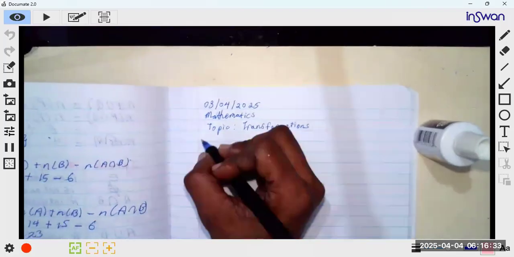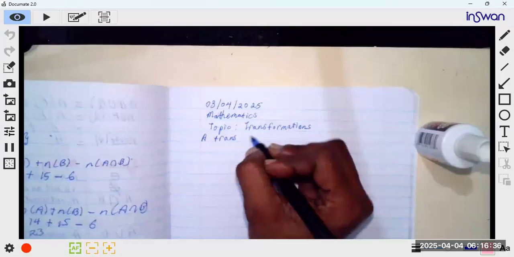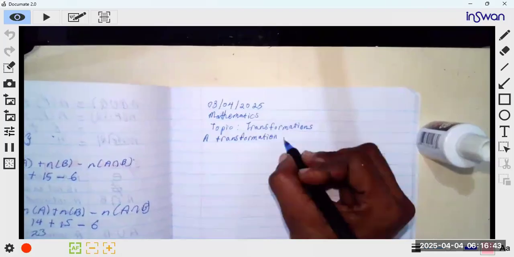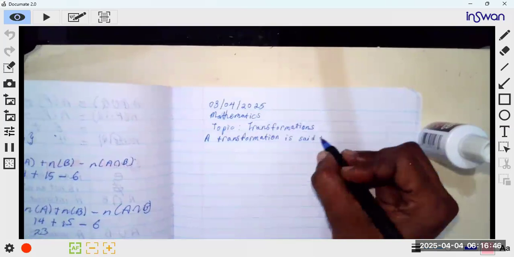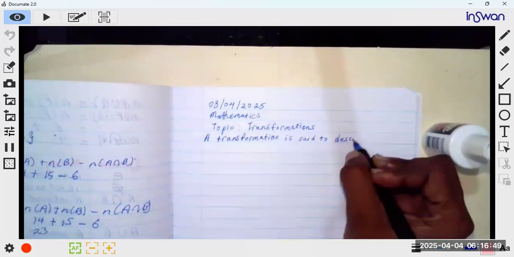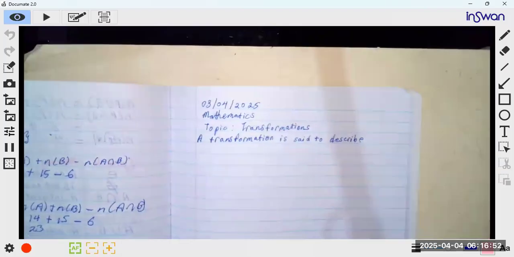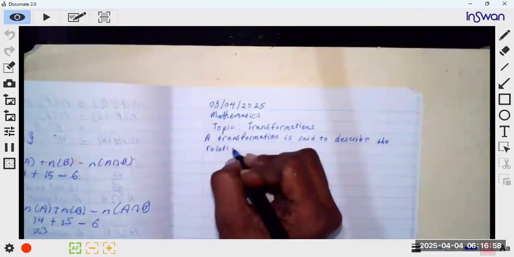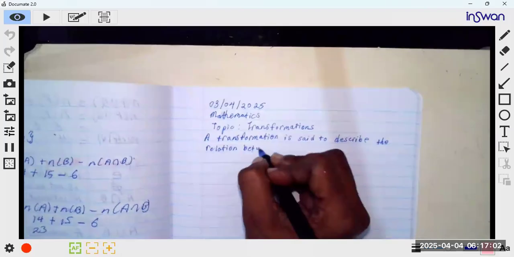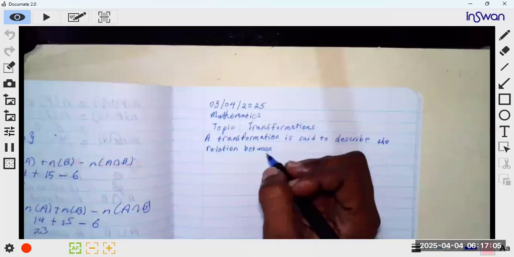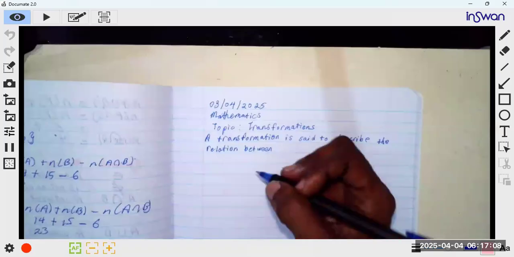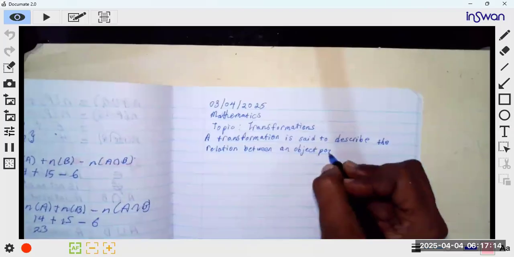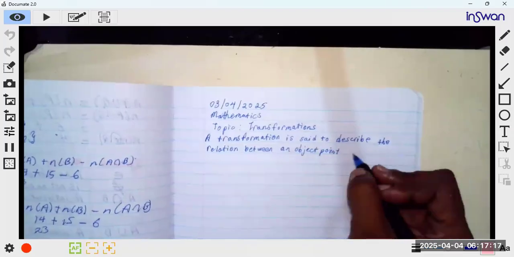A transformation is said to describe the relation between an object point and its image.